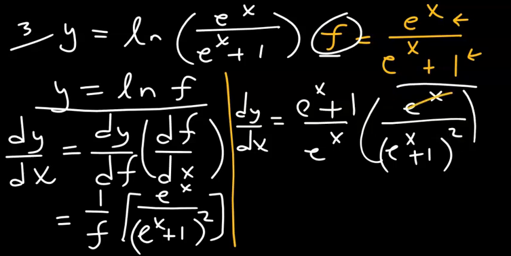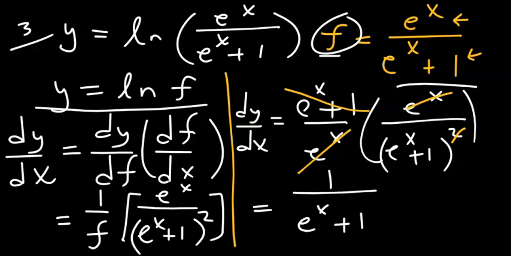So you see that this e^x will cancel that, this will cancel one of that, and will give you the final answer as 1 over (e^x plus 1). And that is dy/dx, where y is defined by that function.